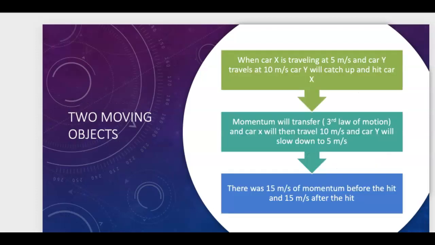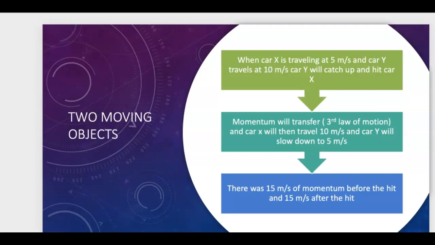So in your textbook, there were different pictures with blue and red train cars. Let's go through the pictures. The first one has car X traveling at 5 meters per second. Car Y comes up behind it at 10 meters per second and catches up and hits car X. The momentum at the crash will transfer because of the third law of motion.